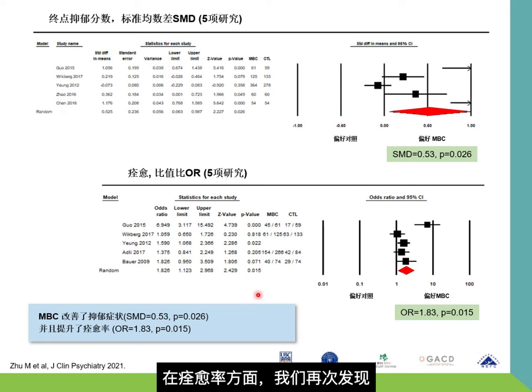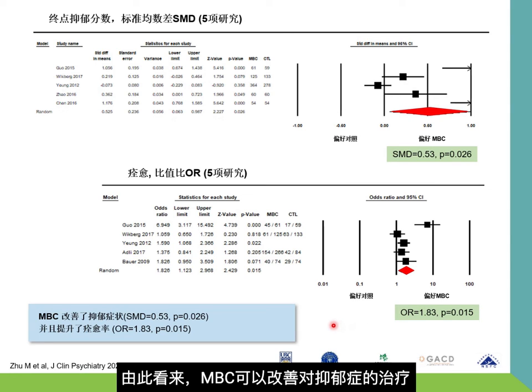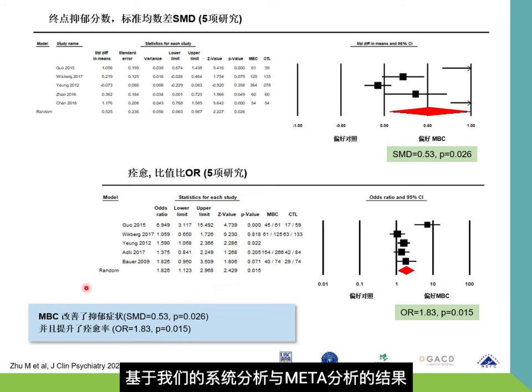In terms of looking at remission rates, we again found that measurement-based care led to significantly higher remission rates after treatment, with an odds ratio of 1.83, again statistically significant as well as being clinically significant. So it does appear that measurement-based care can improve treatment of depression based on these systematic review and meta-analysis.